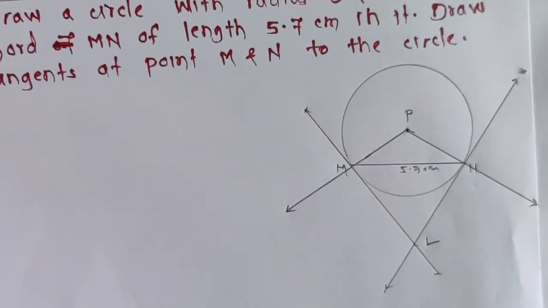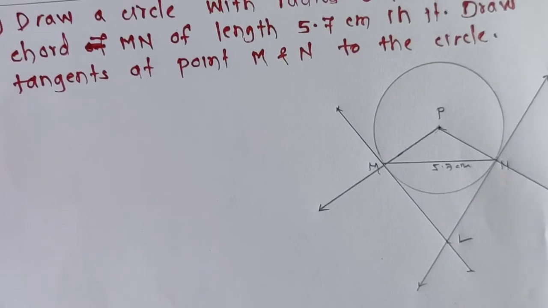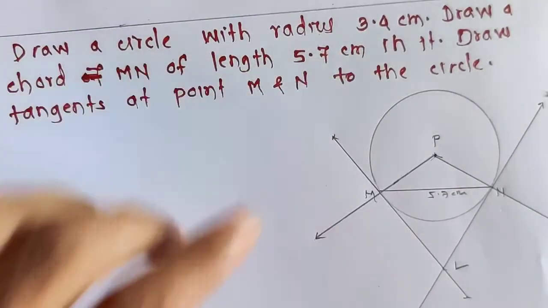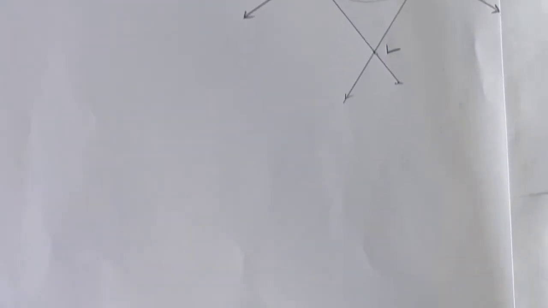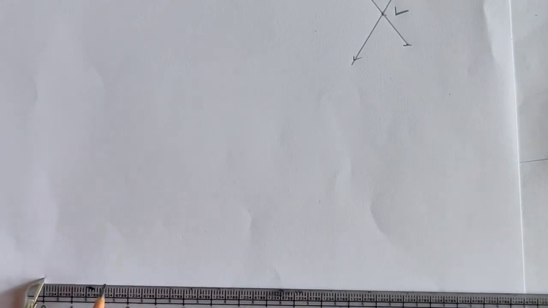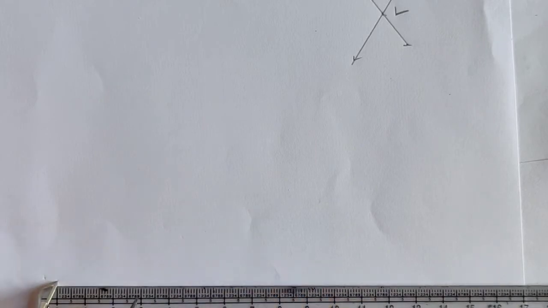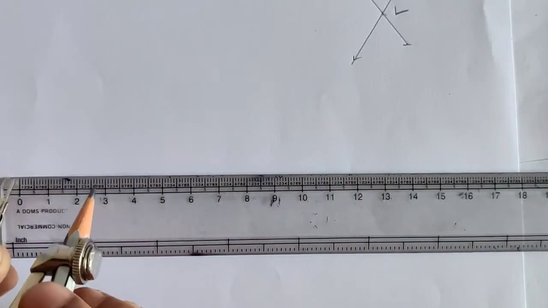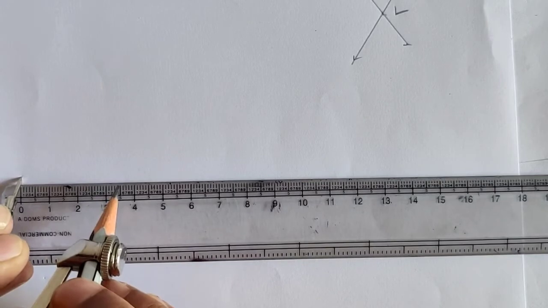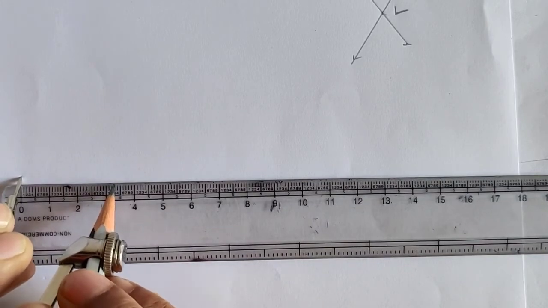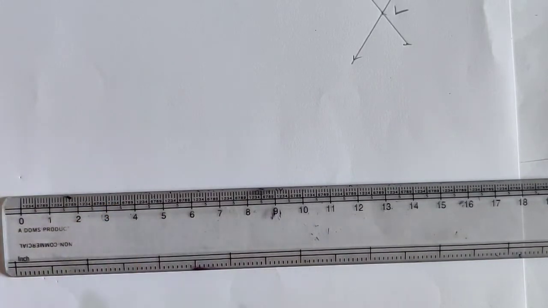So first we have to construct the circle with radius 3.4 centimeters. Now we are constructing that actual figure. Take a distance of 3.4 centimeter in a compass. Mark the center.